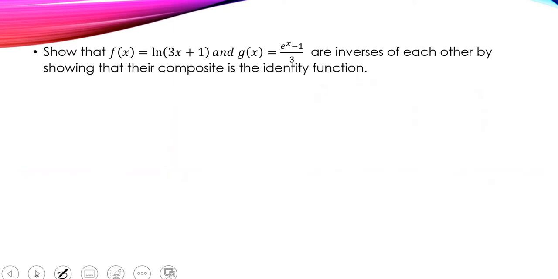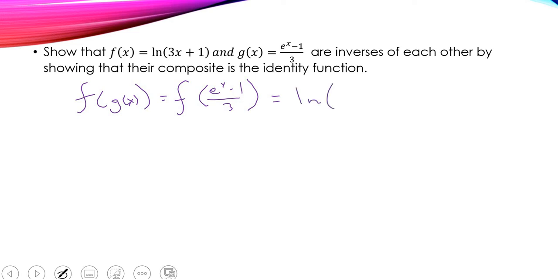So let's take a look at this. We want to show that these two are inverses of each other by showing that their composite is the identity. So I'm going to start with f of g of x. That's going to be f of e to the x minus 1 over 3, which is putting this expression into the f function.